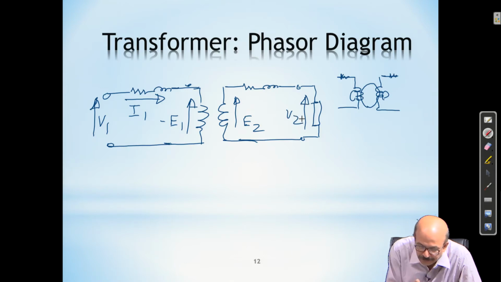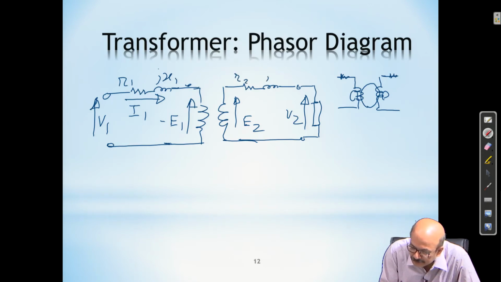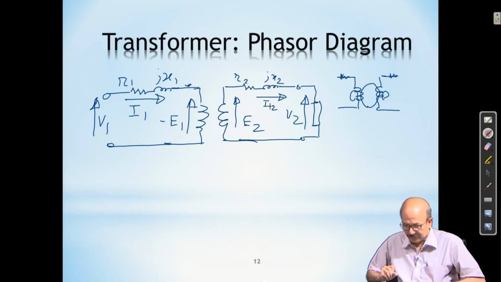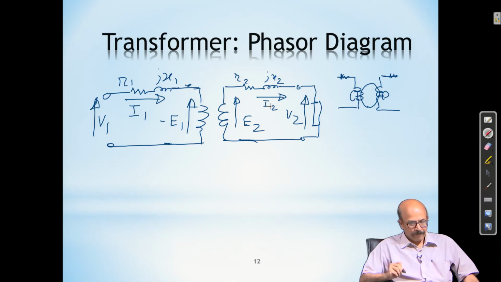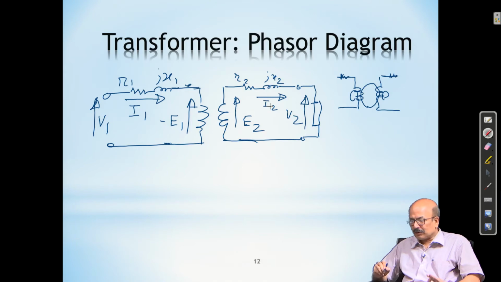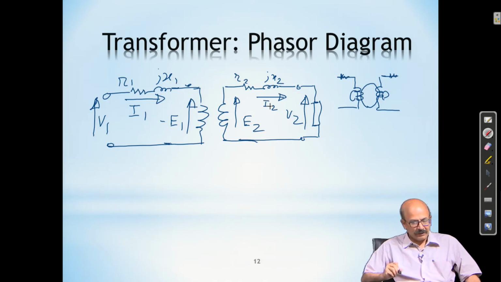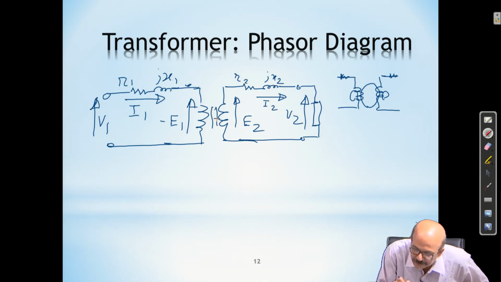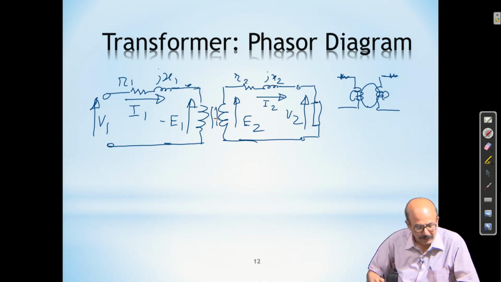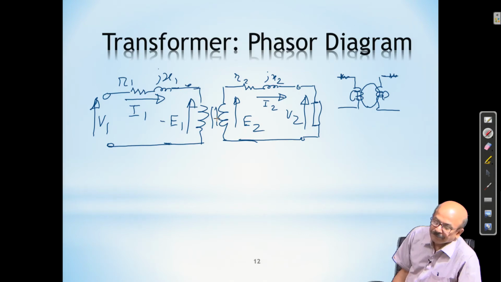This is R1, this is jX1, this is R2, this is jX2, and this is I2. All these things you can easily identify. This is for a real transformer. We have for the time being ignored the core loss component and the magnetizing component. Normally in a transformer, to show the iron core, we put two parallel lines.